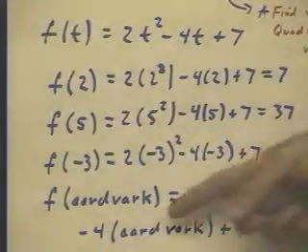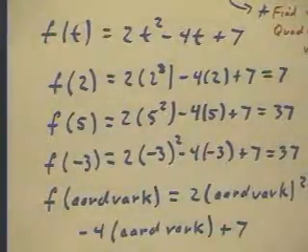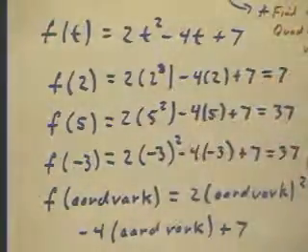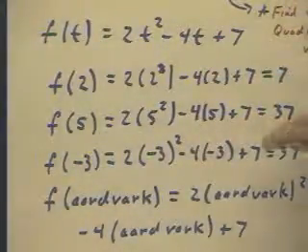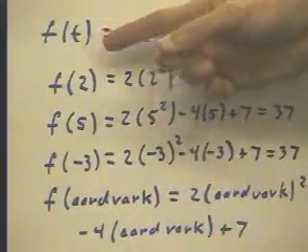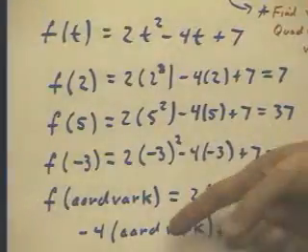Now what about this expression here, f of aardvark? Now I have no idea why anybody would want to write this, except perhaps to illustrate a point, which is why I did. But f of aardvark is hard to interpret, but it's not hard to do. Aardvark has replaced t, so that all the t's are going to be replaced by aardvark.